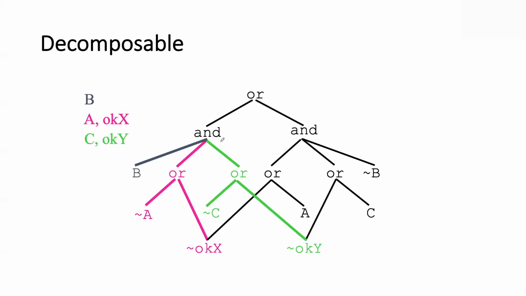So this is indeed decomposable. And similarly for the other AND gate, you will find that it's also decomposable. So this is indeed a decomposable negation normal form. Very good. So this is the circuit type.